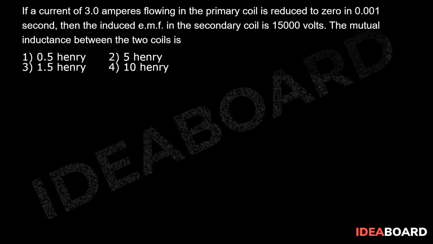Now here what information is being given? I1 is equal to 3 amperes, I2 is 0 ampere, and time delta t is being provided as 0.001, which will be 1 into 10 to the power minus 3 seconds, right?